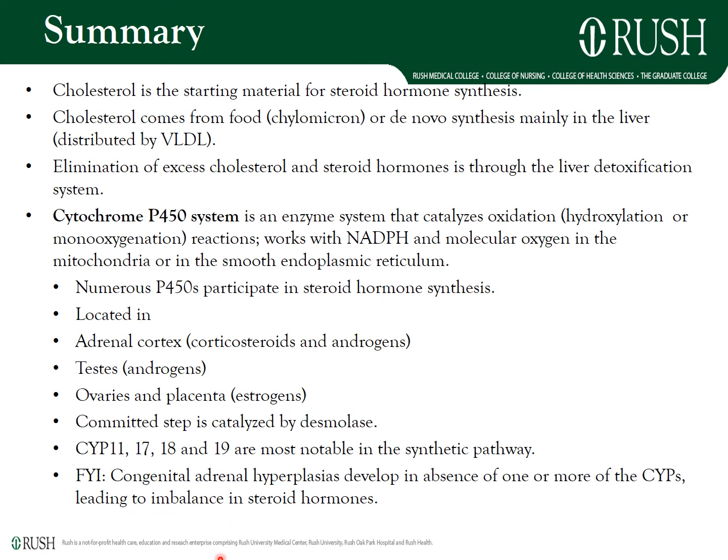Remember that if any of these enzymes are missing because of genetic disorders, congenital adrenal hyperplasias will develop, and these are due to CYP deficiencies. They are influencing our balance, or actually producing imbalance in steroid hormones in the body.